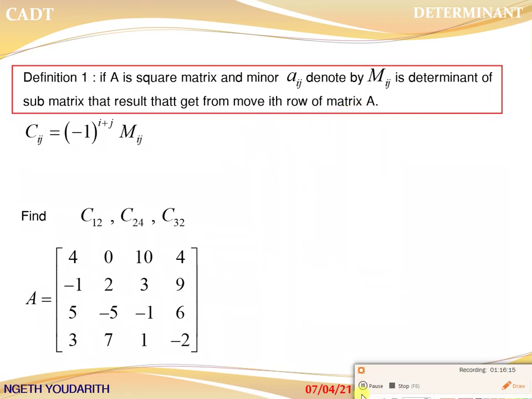What is the minor? The minor is the determinant of a submatrix of A.